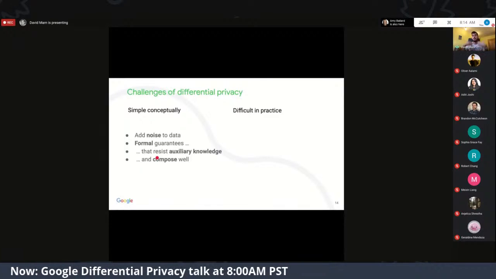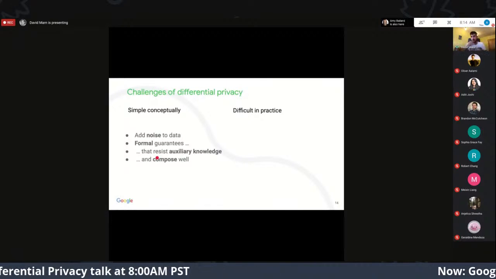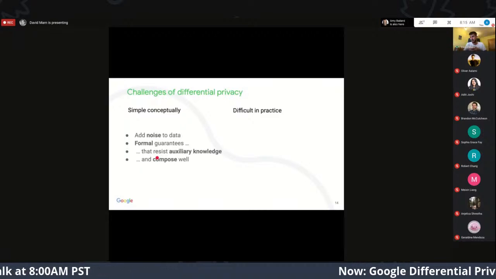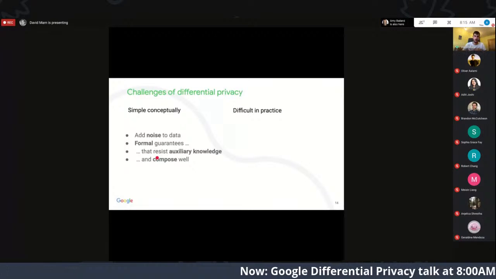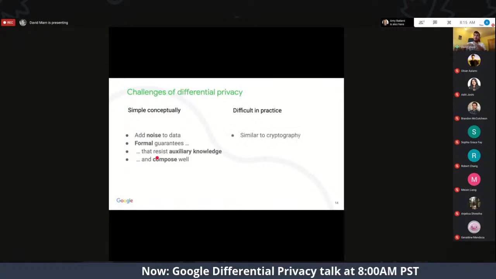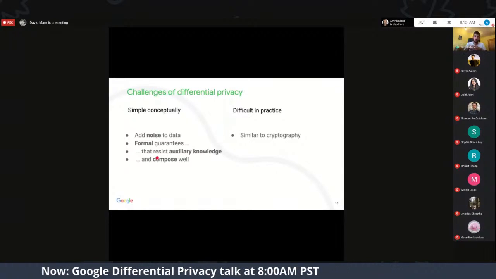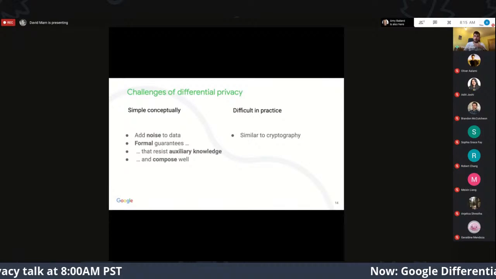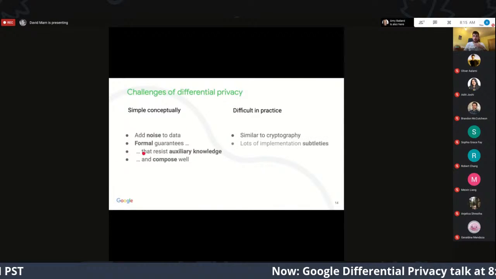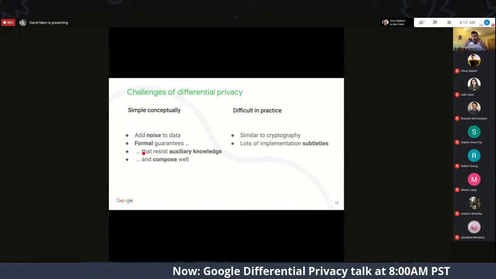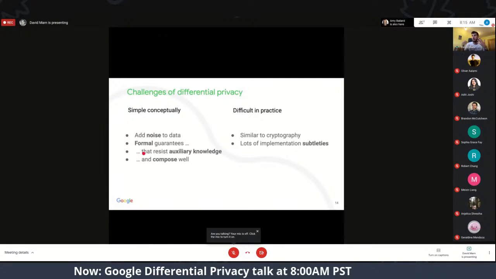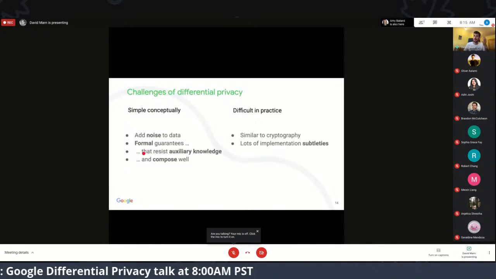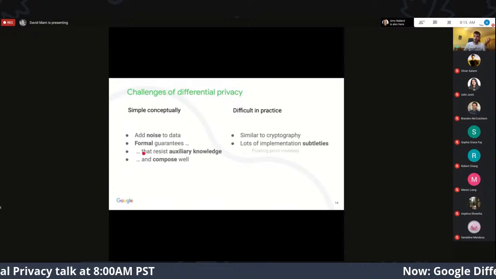Now, as we set out to implement this, we found out that it's, again, a lot more difficult than we imagined. So it's very much like security and cryptography, in that the concepts are easy, but there are many subtleties. When you start implementing things, you have to keep lots of very interesting things in mind, and you discover them as you go on.